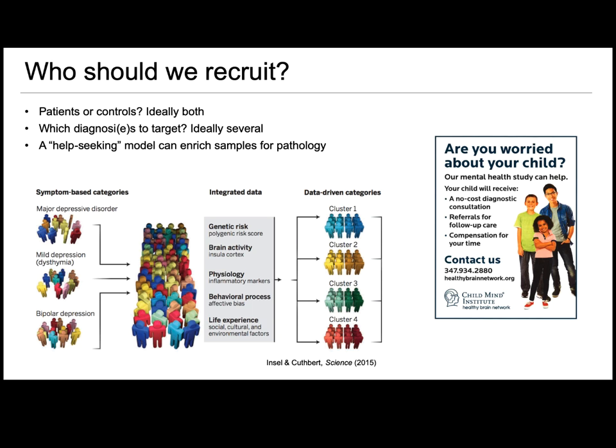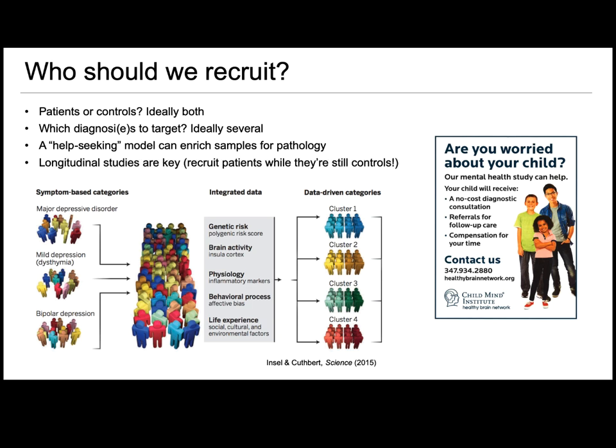They're broadly trying to get people that think their child might have some sort of struggle with mental health related things. And they're offering for them to come in and get this workup and as part of this be part of the study. So this is a way that you could target a broader population and not necessarily focus on any one disorder, but still try and get people in the door who might be representing some of those more extreme ends of the phenotypic spectrum.